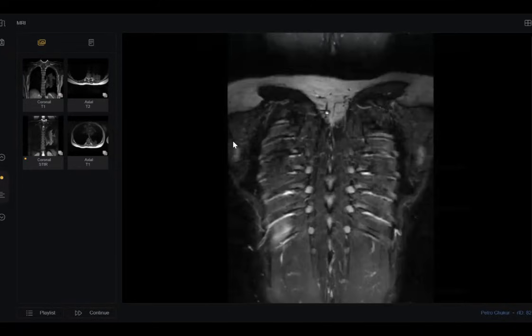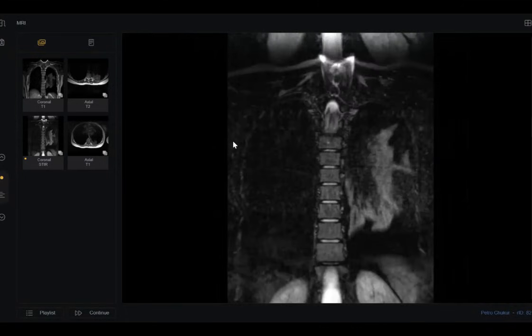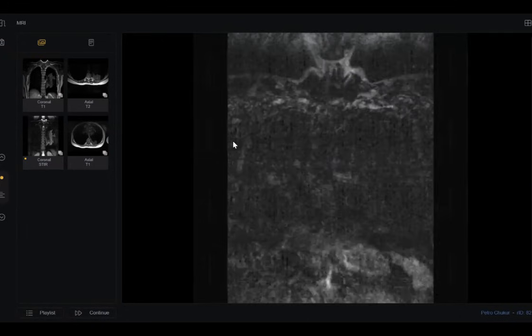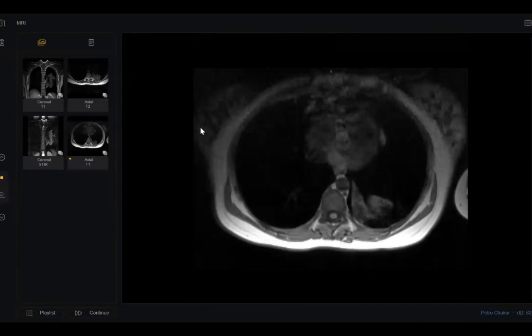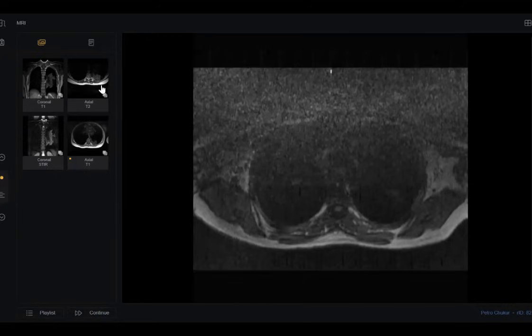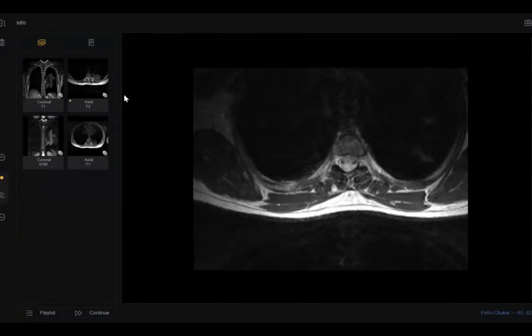I cannot appreciate other lesions. The lesion is adherent to the mediastinal pleura. I would like to examine the remaining views to exclude the invasion.